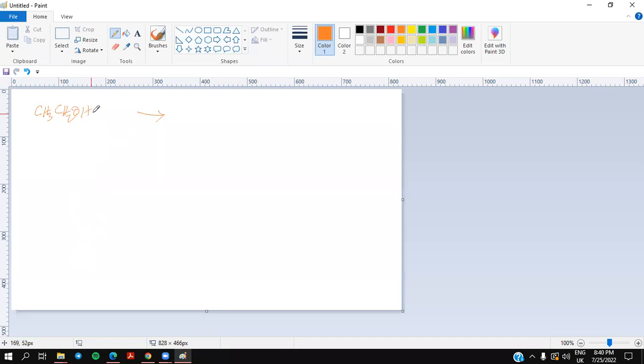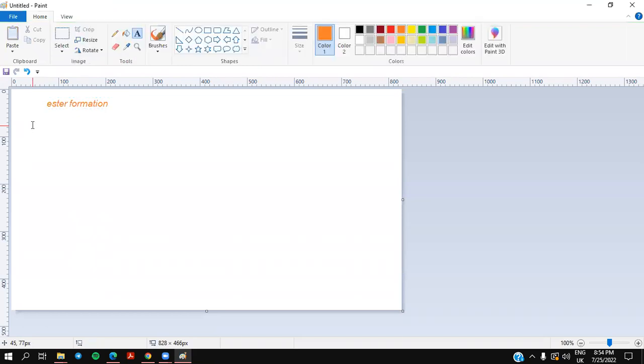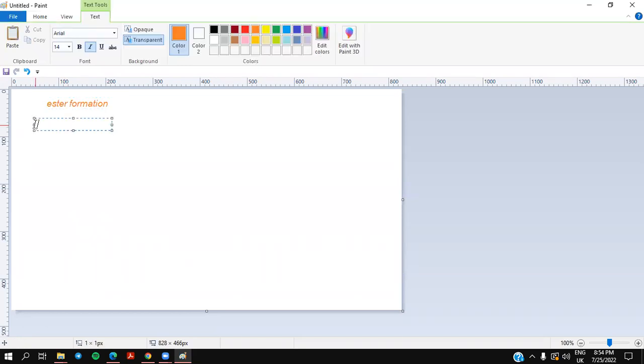When you name an alcohol, first we have to give... The formation occurs when alcohols react with carboxylic acid. I will give a list of alcohols and carboxylic acids first.